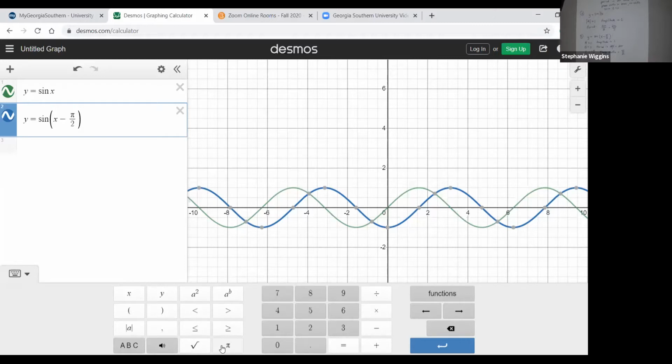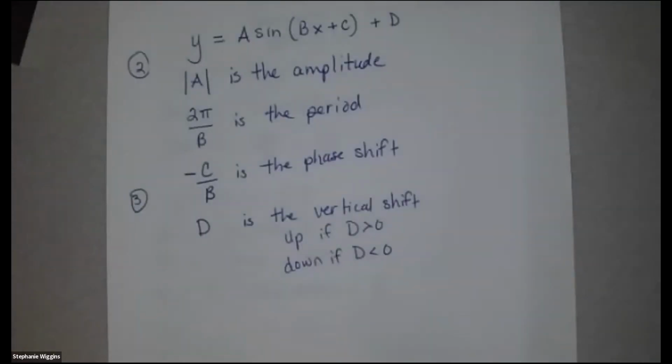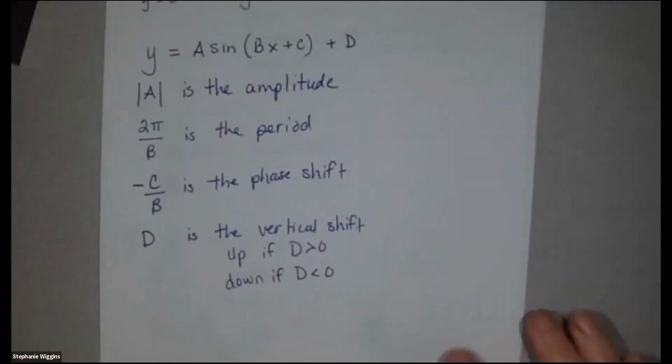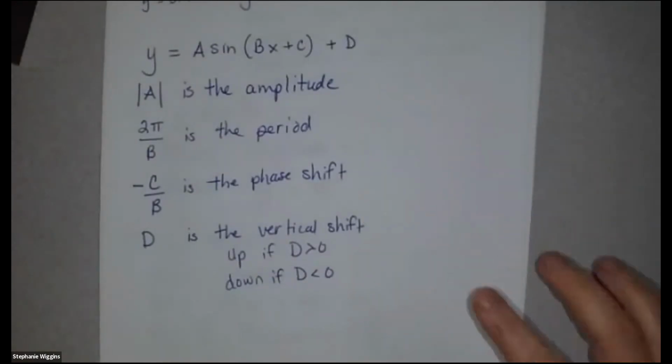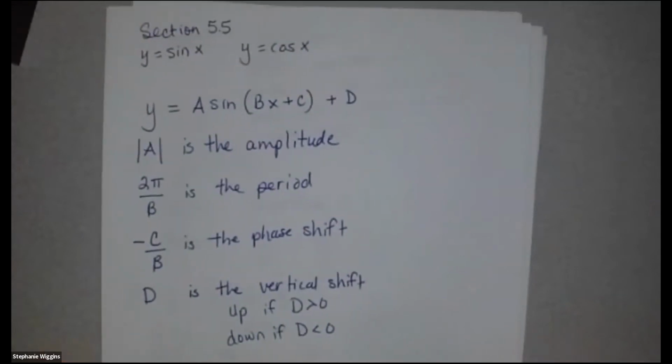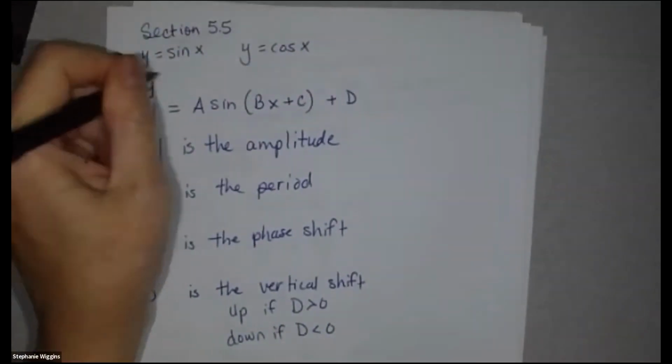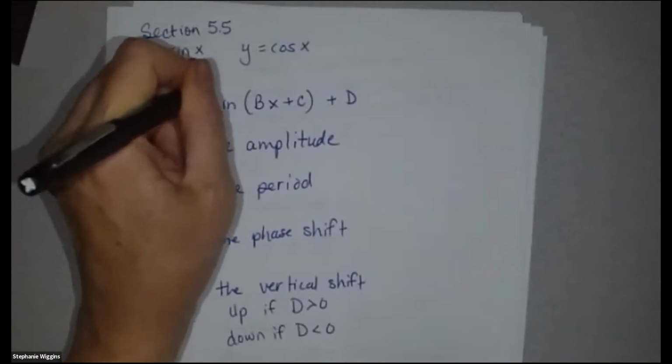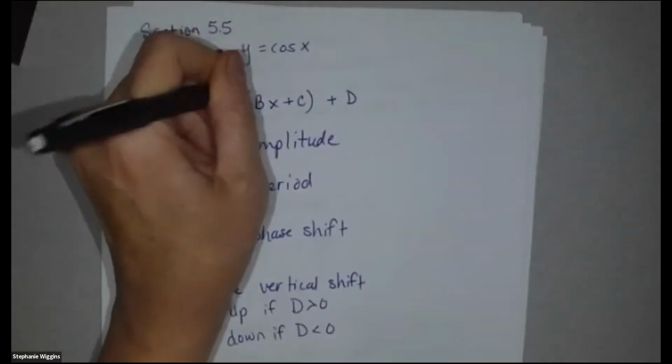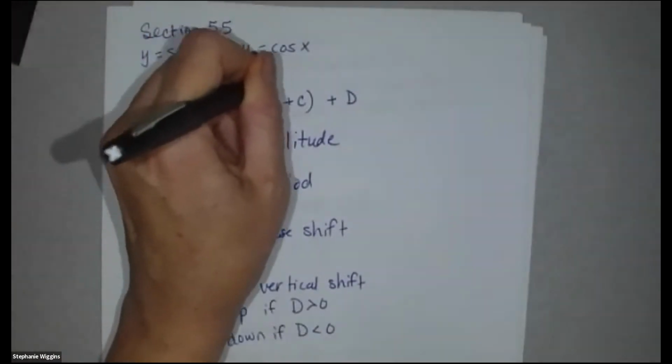And all of this discussion, let me go back to the notes. All of this discussion here applies for cosine as well. So let me go ahead and write that in there. You can have the same thing going on for cosine.